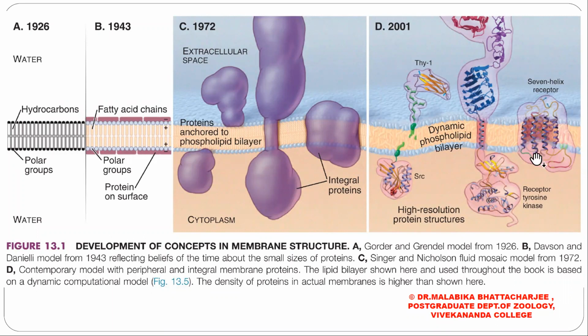This is a receptor protein they have shown here. This is also a receptor protein, but this is a transmembrane protein. It is crossing the membrane. And these are the peripheral proteins. This is the contemporary model with the peripheral and the integral proteins shown. So this was how the structure of plasma membrane developed through time from 1926 to 2001.